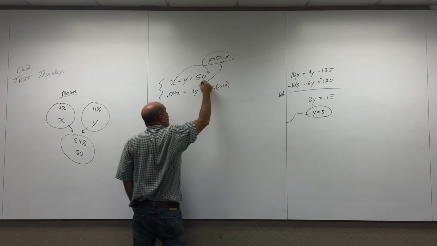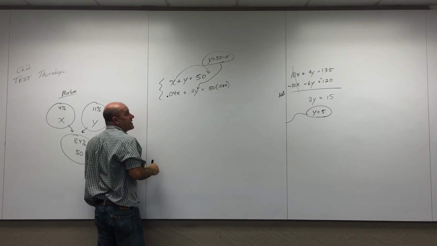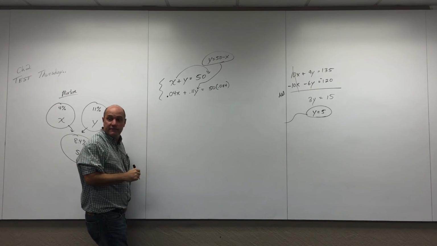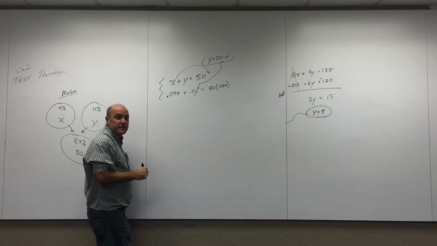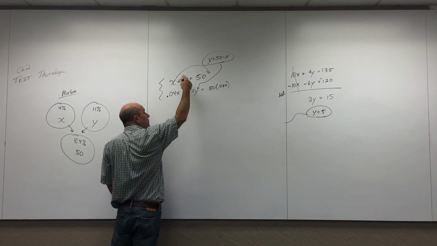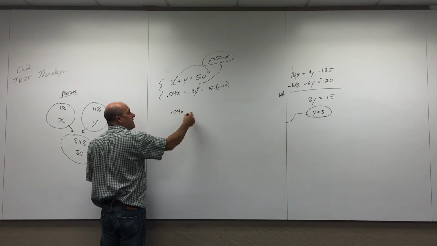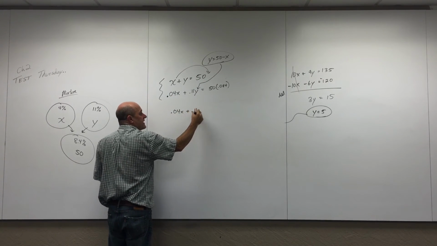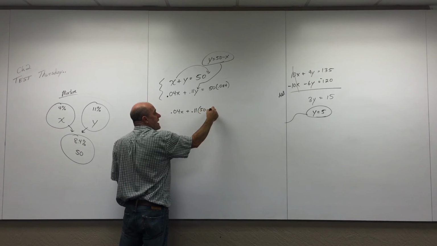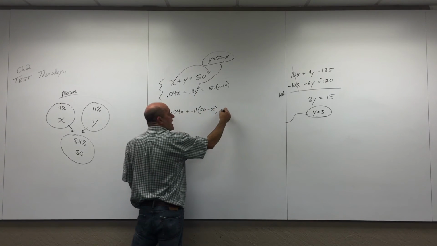Once I realize that, that gets substituted in for y. Solve quickly for y, substitute it in the other one for y. That's the best way to do this, I think. There's other ways to do it, but I think that's the best way. This is a 50 minus x. I substitute it in for y.